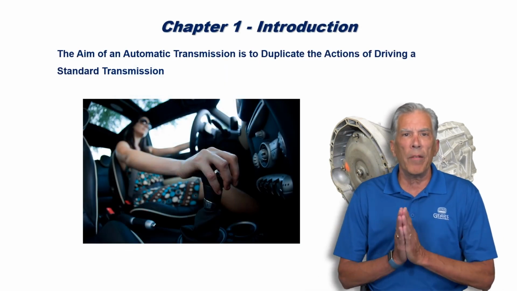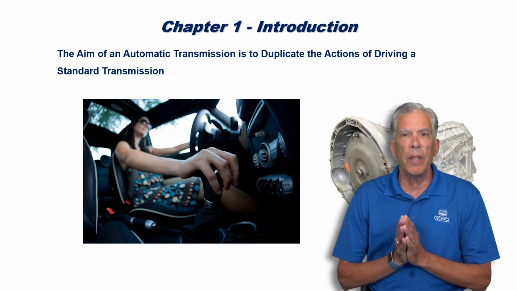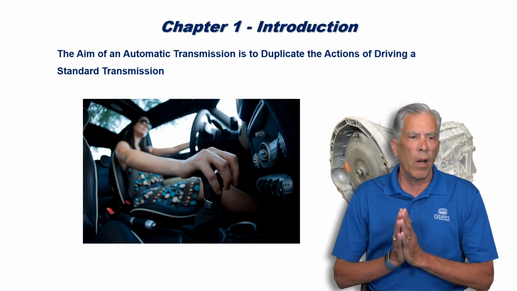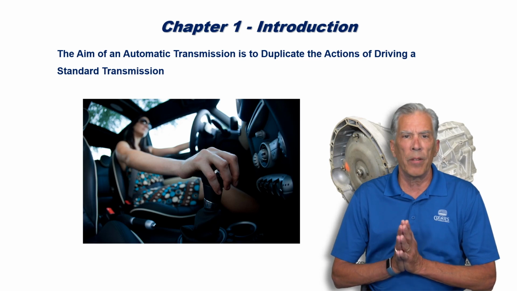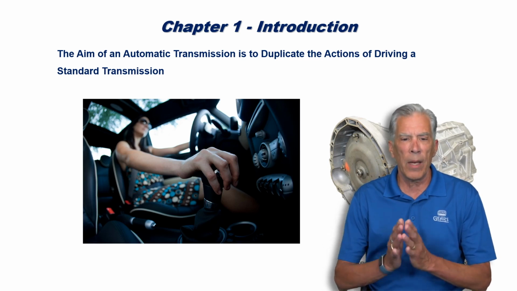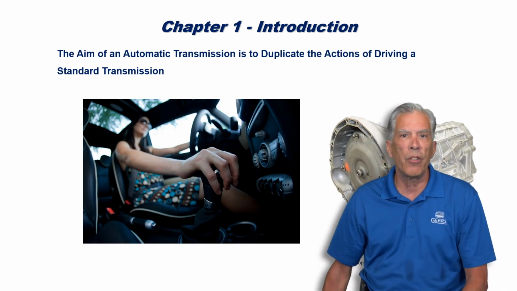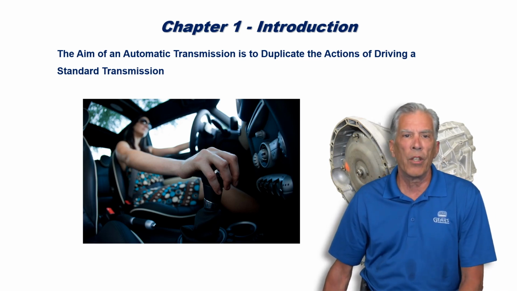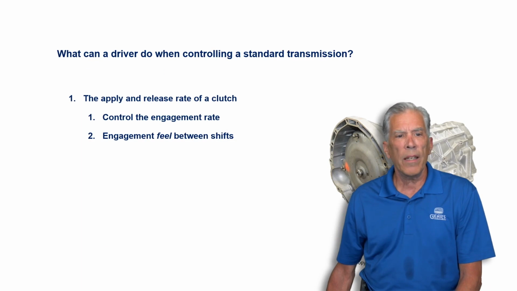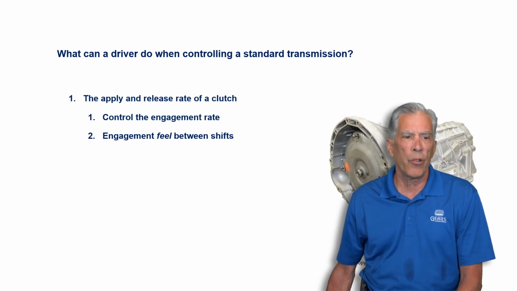The aim of the automatic transmission is to duplicate the actions of driving a standard transmission, putting it very simply. So we have a driver here with a standard transmission, and she has a few things that she's able to do with the controls. So what can a driver do when controlling a standard transmission?